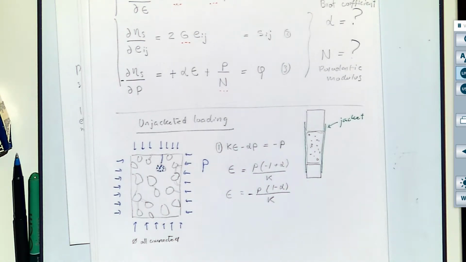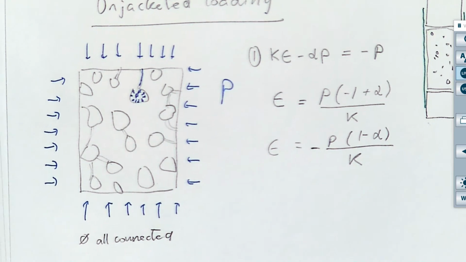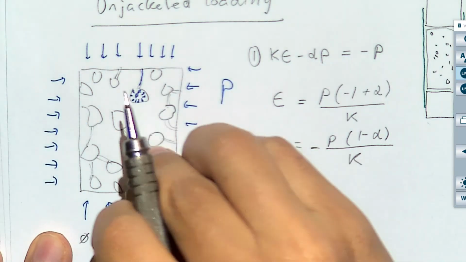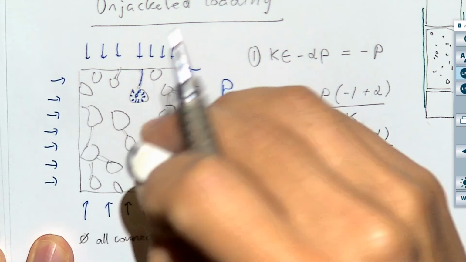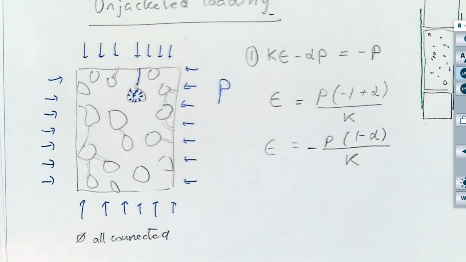If it doesn't have pores, we all agree that it's going to shrink, right? If it does have pores, it is also going to shrink, because let me find a good candidate pore over here. Let's say that I have a pore somewhere over here.